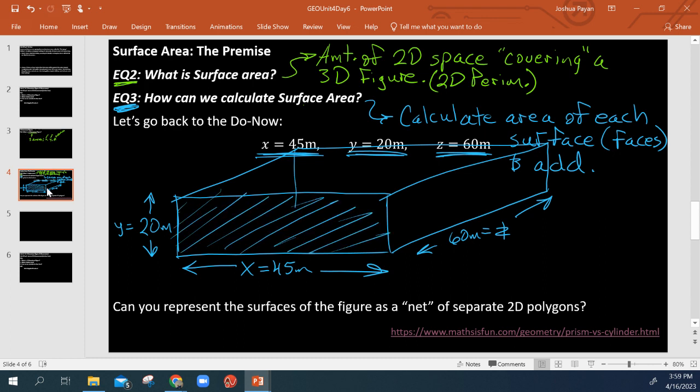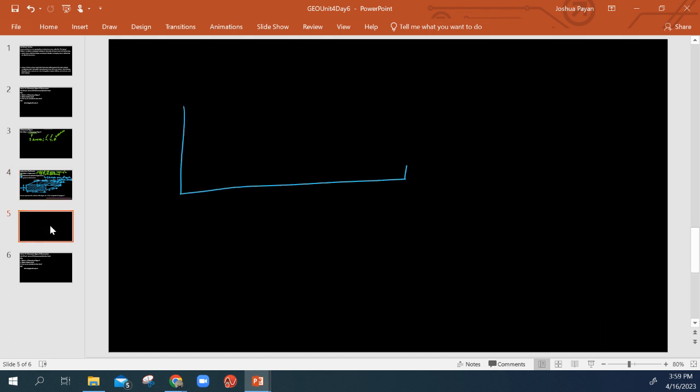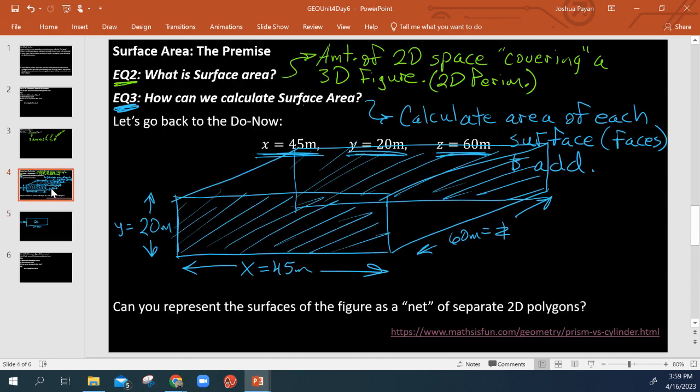And that front surface is identical to what we can call the back surface back here. Okay, so that means I have two surfaces that are 20 for y by 45 for x. And I have two of these, okay, the front and the back.